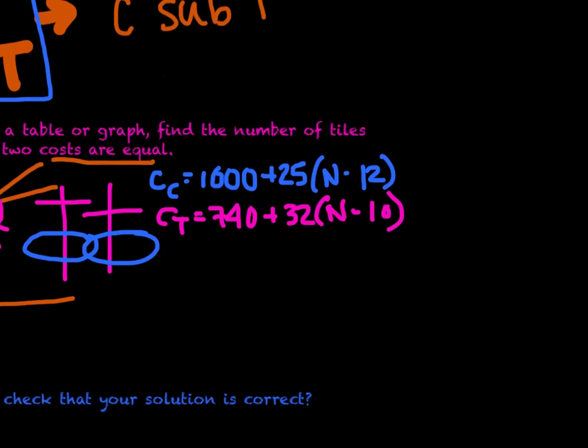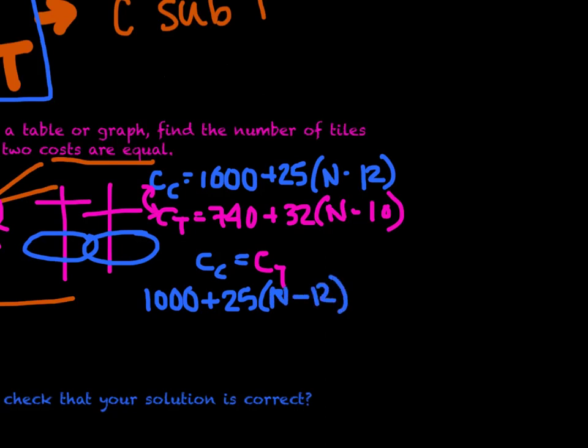So that means C sub C needs to be equal to C sub T. So we could rewrite this as 1,000 plus 25 times (n minus 12) is equal to 740 plus 32 times (n minus 10).